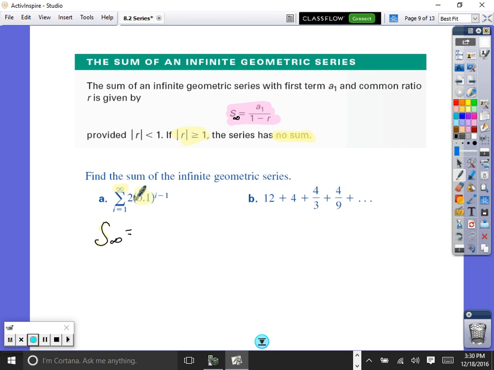Anything to the 0 is 1, times 2 is 2. So 2 divided by 1 minus my ratio, which is 0.1. That's 2 divided by 0.9. Now, I still don't need my calculator because I cannot have decimals in my fractions, so I have to move this 1 decimal place, and this 1 decimal place. That gives me 20 over 9. 20/9 is my sum.